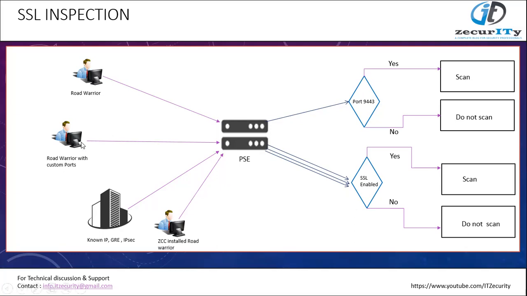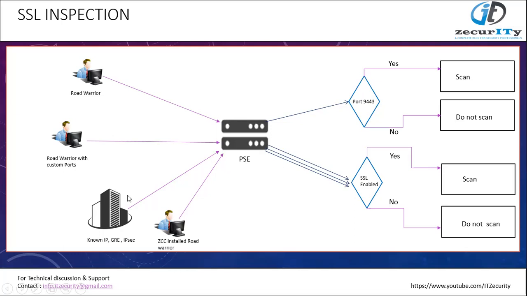If a road warrior comes with custom ports, the PSC will check whether SSL is enabled on the location with the custom ports. If the location was created with custom ports and SSL is enabled in its configuration, then the traffic will be scanned. Otherwise, the traffic will not be scanned.